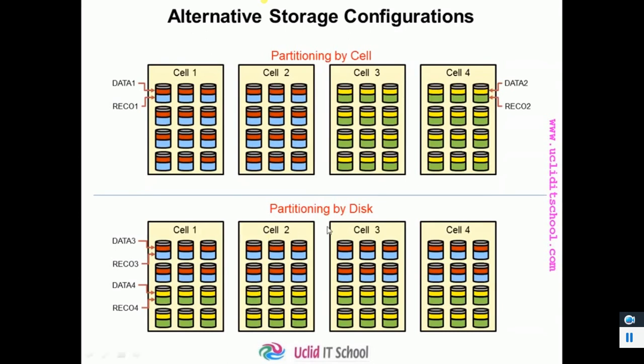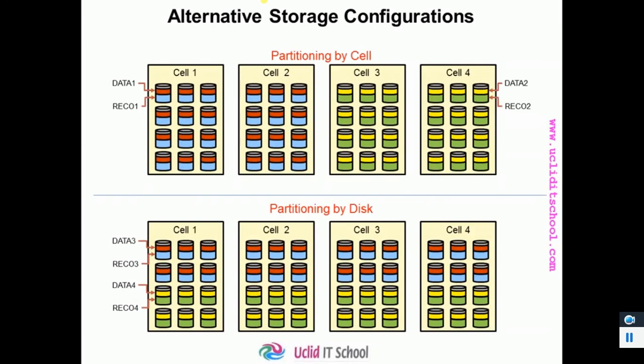The second possible configuration is partitioning by disk. In this case, you are using all the 4 cells for every database. But inside the cell, you are partitioning by disks. The first 6 disks are allocated to one database. The second 6 disks are allocated to another database.